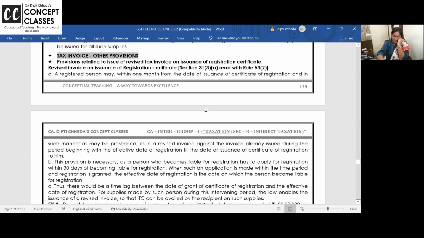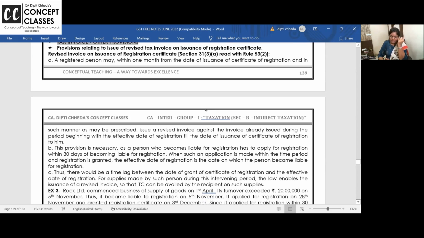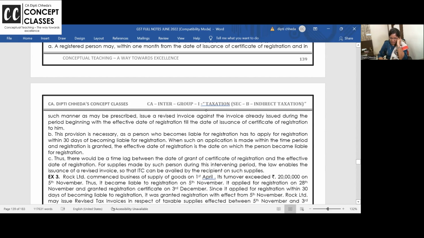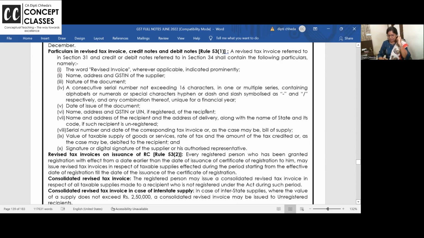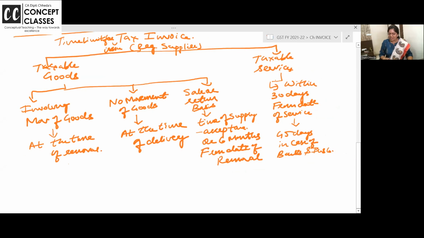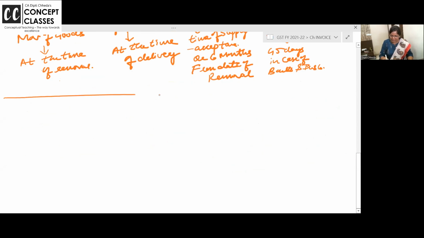Tax invoice. Okay. Now provisions or cases wherein revised tax invoice is to be issued. Okay, let us go to our notebook and write a detail. एक कितना ब्यूटीफुल टेबल हमने पढ़ा है कि रजिस्ट्रेशन कब से एप्लीकेबल है.